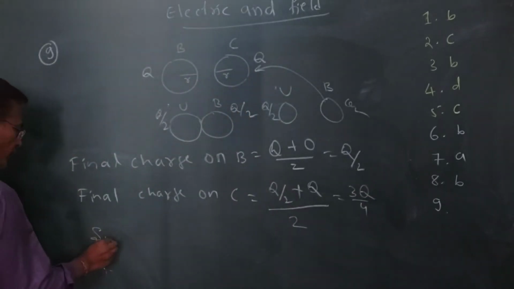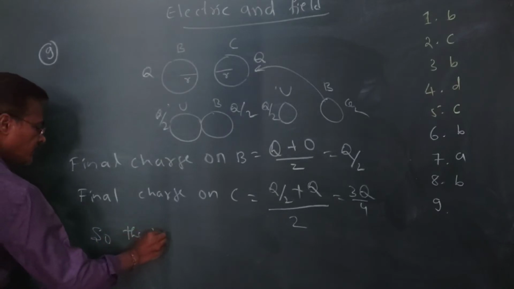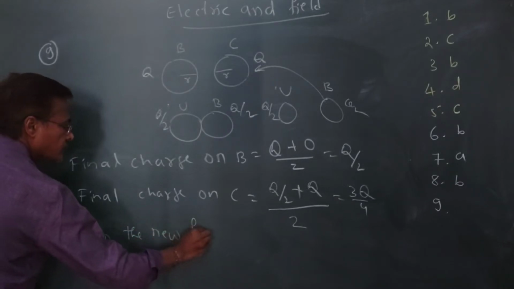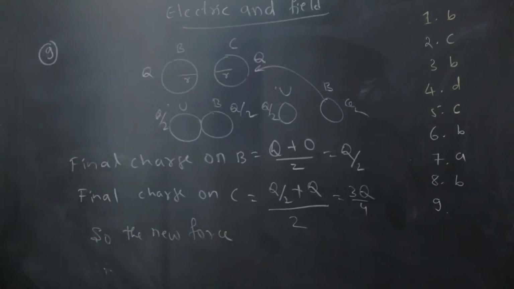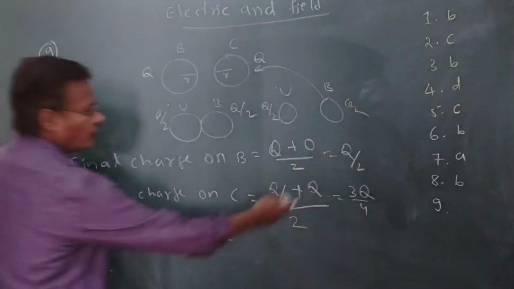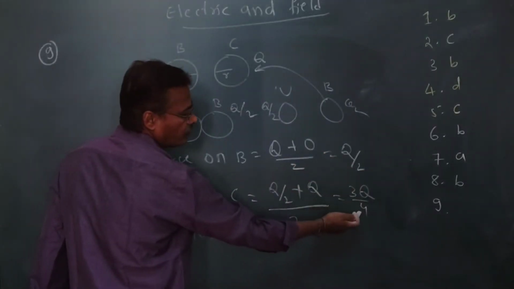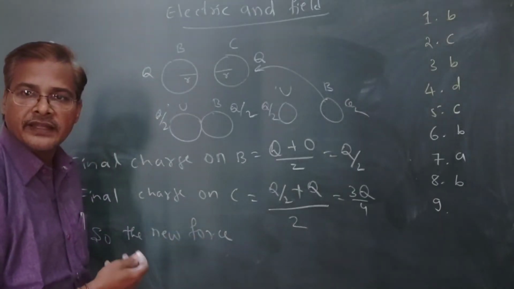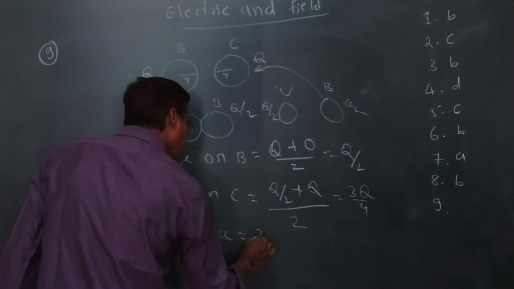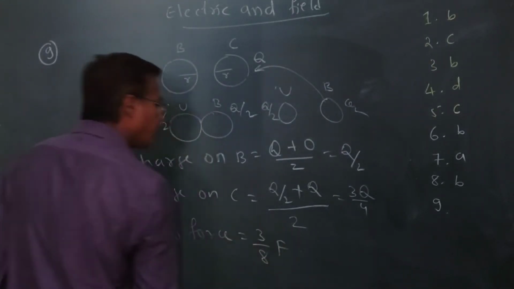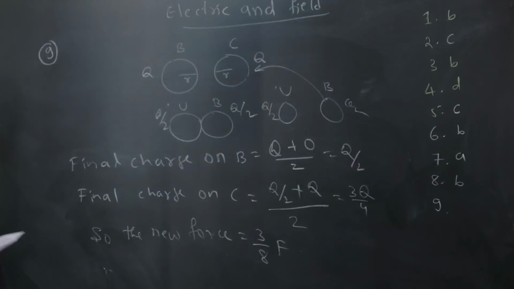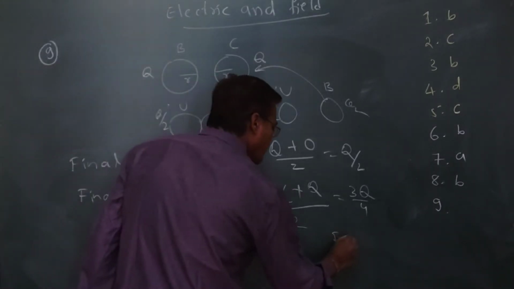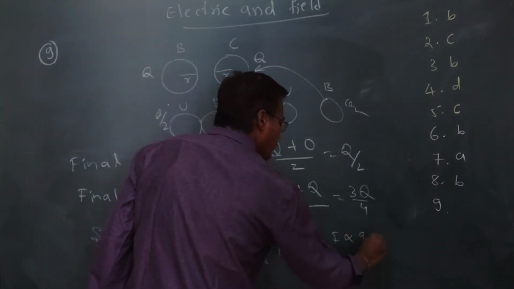So the new force is, this one is Q by 2, this one is 3Q by 4. 2 into 4 is 8. So we are getting 3 by 8 F. Why I am writing this: because F is directly proportional to Q1 Q2.